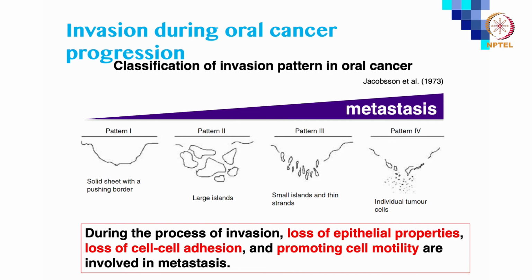During the process of invasion, loss of epithelial properties, loss of cell-cell adhesion, and promotion of cell motility are involved in metastasis. Pattern 4 cancer cells show a spindle shape. These cells may have EMT features.